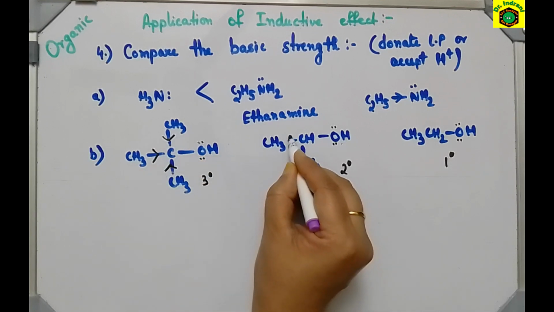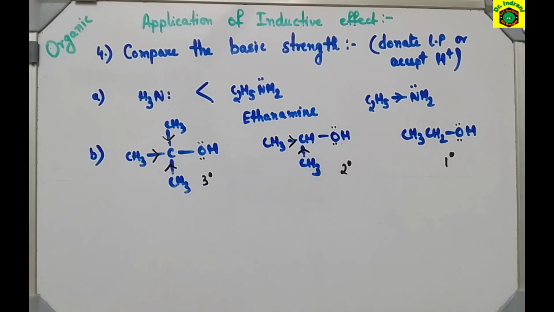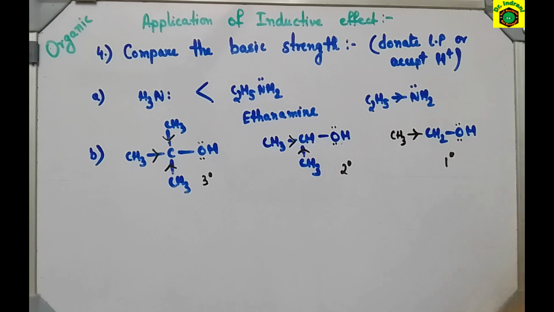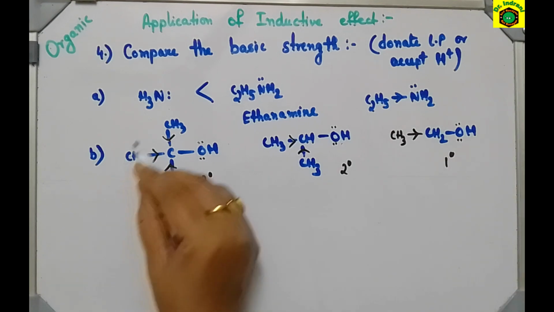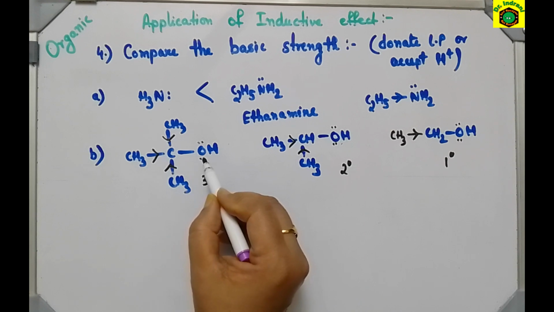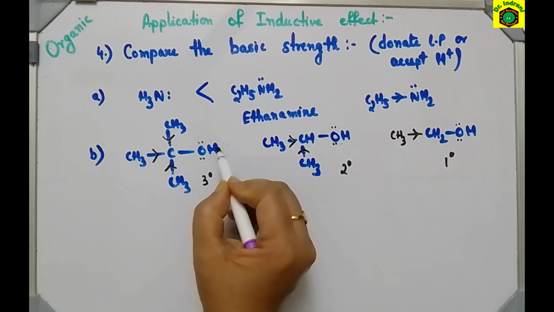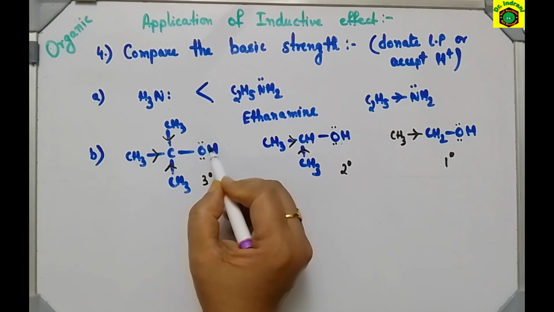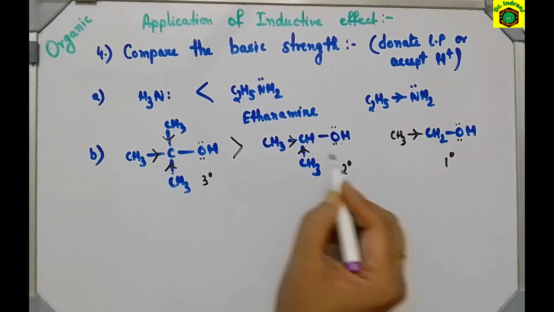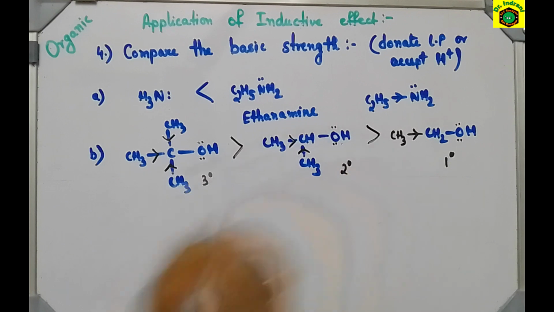Here 2 CH3 groups are there having plus I effect, and here one which is having plus I effect. So due to maximum plus I effect here, maximum tendency to donate lone pair of electron is here because electron density on oxygen increases. So this is most basic, then order is decreasing in this direction.